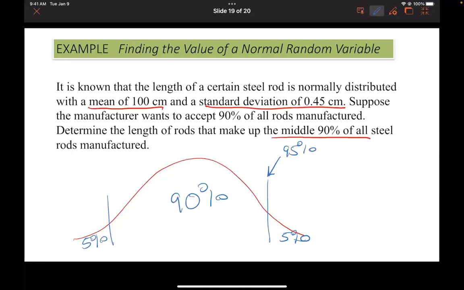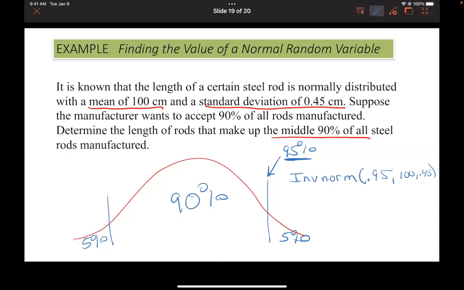If you have the left, center, right option on your calculator, you need to put 0.95. So it would look like this: inverse norm, 0.95, 100, 0.45. And this will give you your upper value.